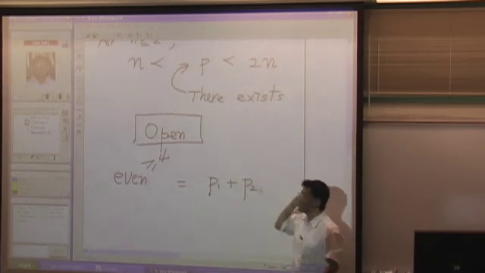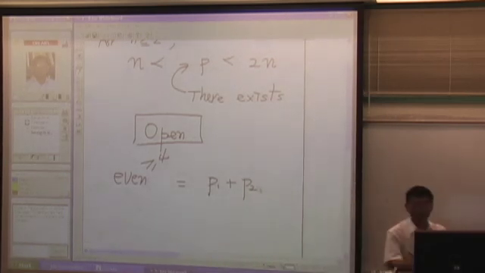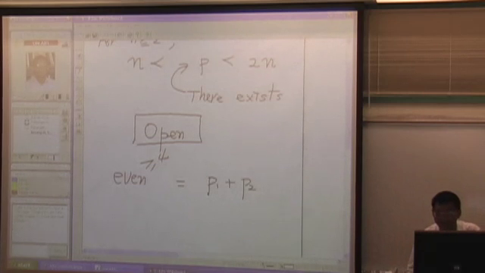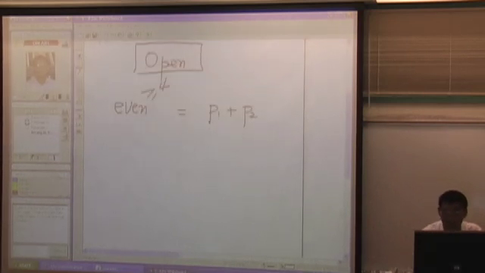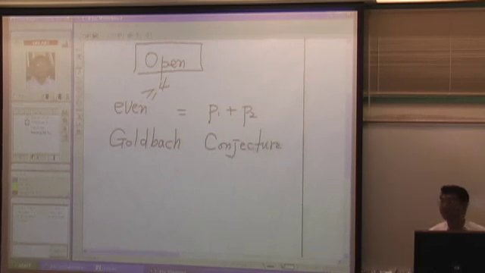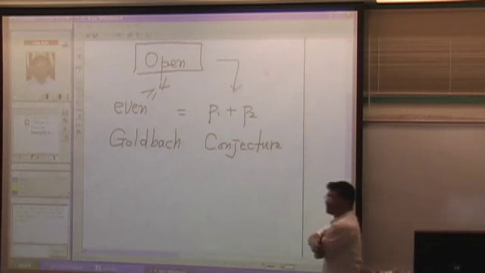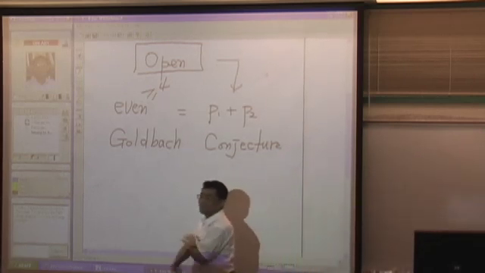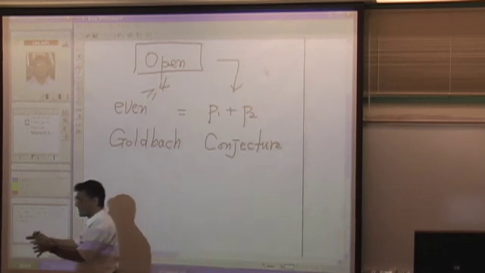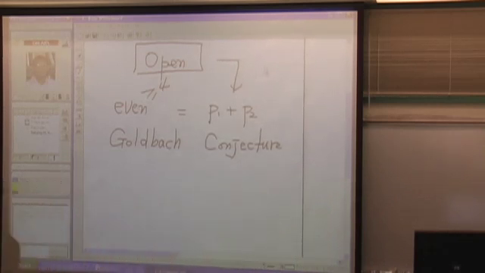So some person found this and conjectured, and this is called the Goldbach conjecture. He said this happens all the time. And what is it? Still open. So instead of proving it, I'm showing that people failed to prove this.